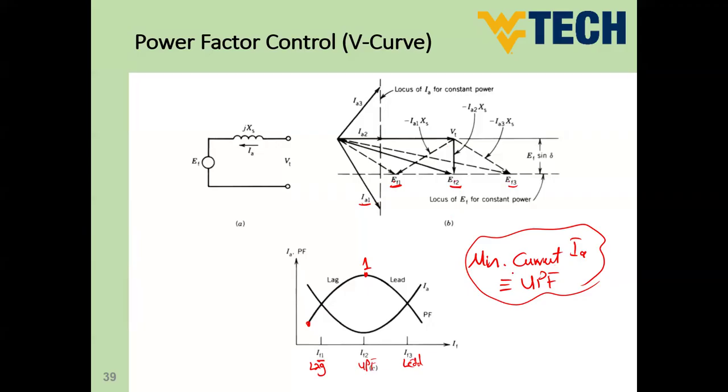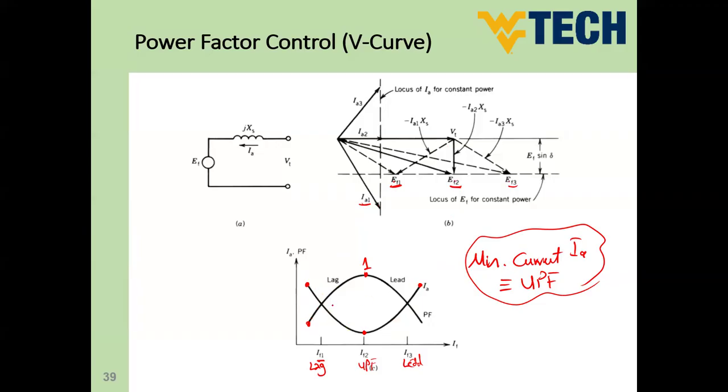As you can see here, we draw also the current curve. So this is IA, and this is the excitation. So the minimum current is going to be corresponding to the unity power factor at the same IF, okay? And here is the value of current in case of lagging, which is IA1, and here is the value of IA3.